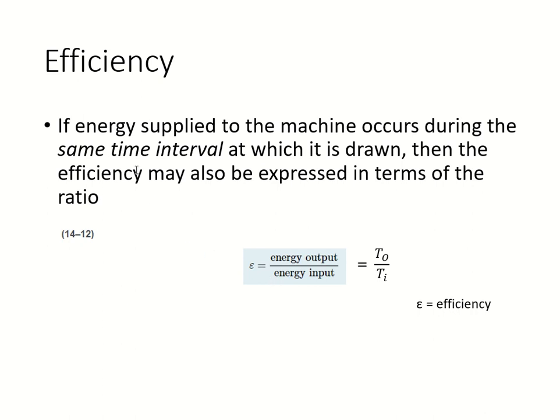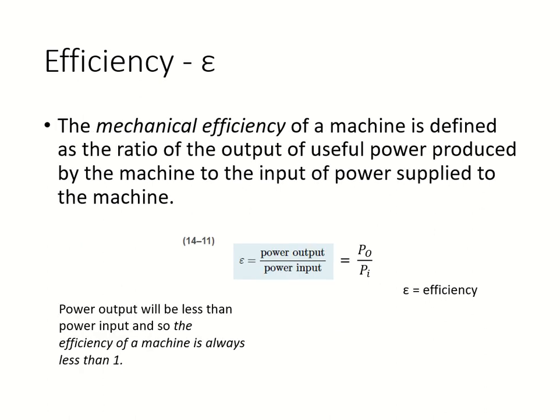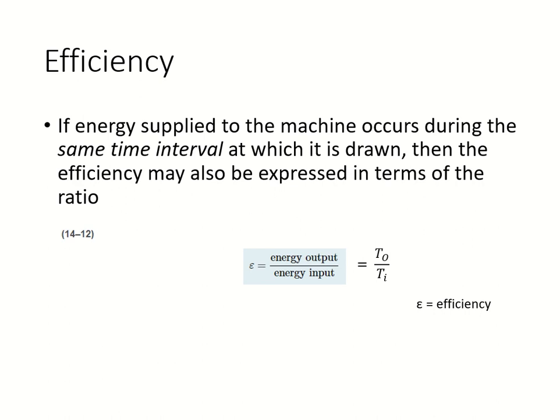Formally, if the energy supplied to the machine occurs during the same time interval, because we are always studying in a time interval anyway, then the efficiency may be expressed in terms of the energy. So you have two ratios: the very first one using the power, and the second one using the kinetic energy.